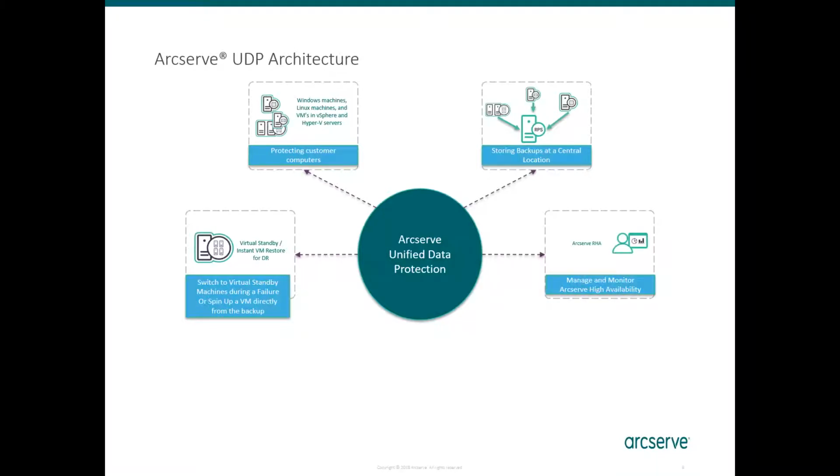For RTO less than 15 minutes, this is where our RHA technology comes in. RHA does real-time replication and failover, where you have critical servers that maybe backup is just not quick enough for, or doesn't provide the data protection required.